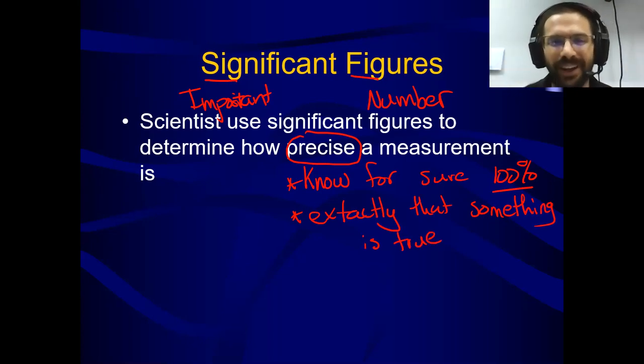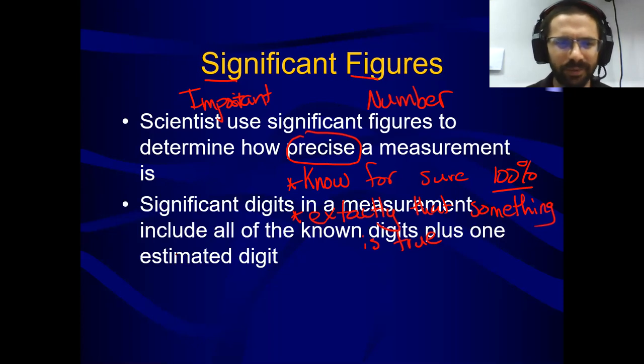You know for sure. That's why scientists like sig figs, because scientists like to know the truth. That is science, where we want to know what is true. So when we do our math, we want to be precise and know what is true.